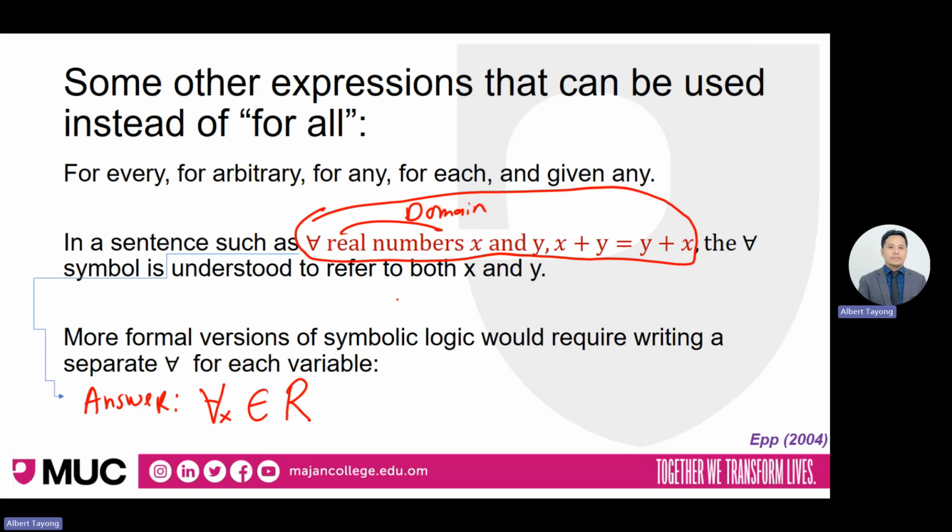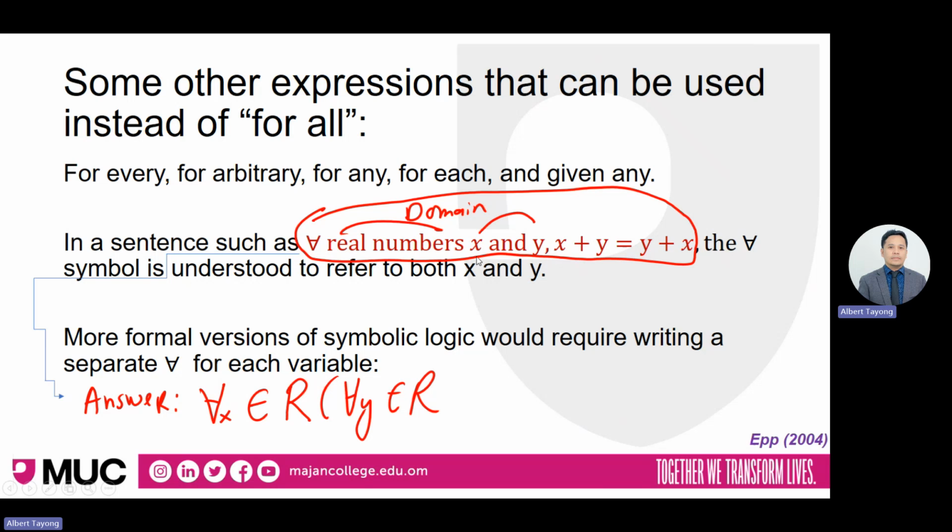That's what we're talking about. The domain is the set of all possible values of the variables X and Y. We have another variable Y. So open, for all Y in the same domain. So that's how to put these two variables X and Y.